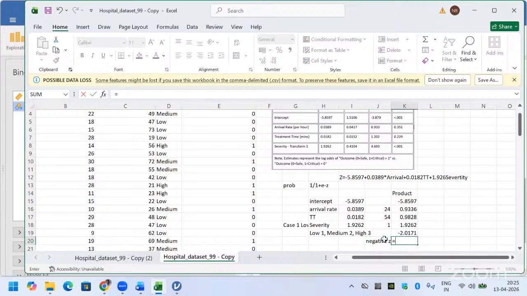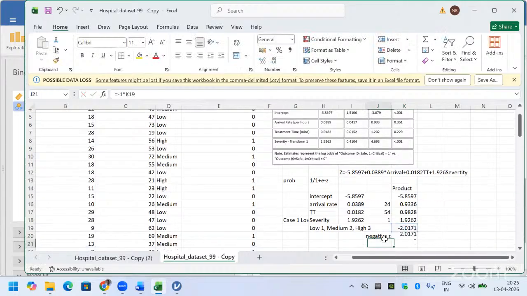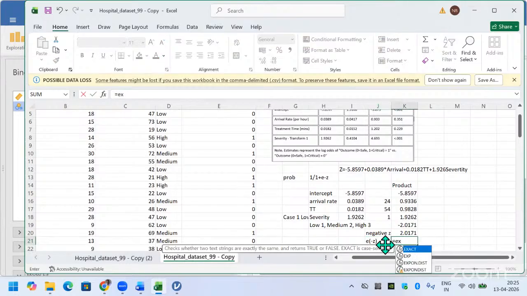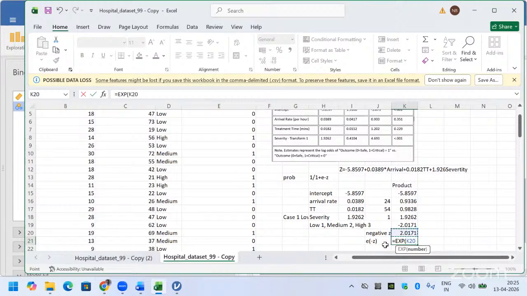Z is equal to minus 1 multiplied by the value which we have got. Next, e power minus z. So e power minus z is equal to the exponential of this particular value, because I've already applied my negative sign here.